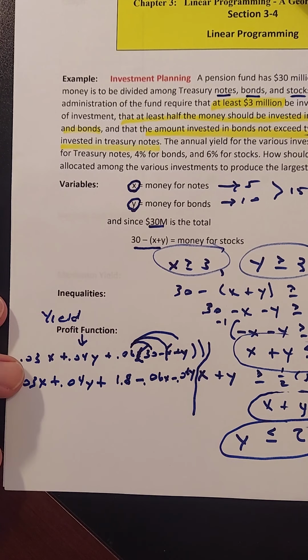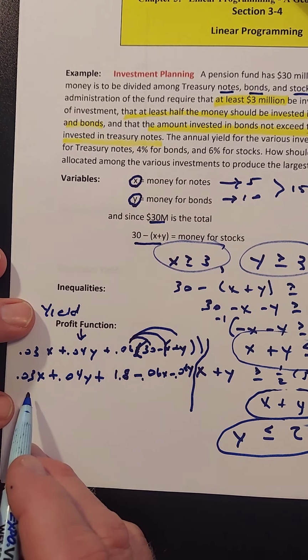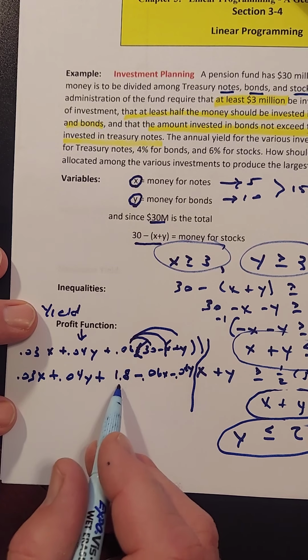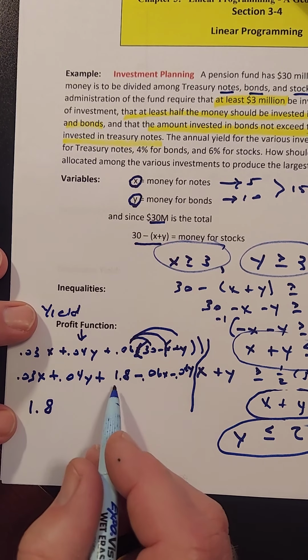Run out of room. Now, if you simplify all that, let's put the 1.8 first. Okay, so that takes care of that. And then of the x's, I got 0.03x minus 0.06x. That's minus 0.03x.